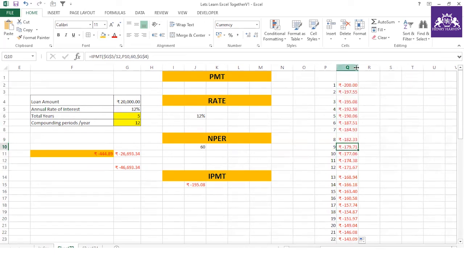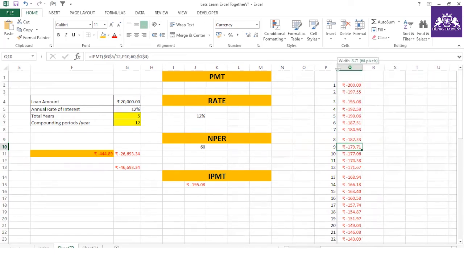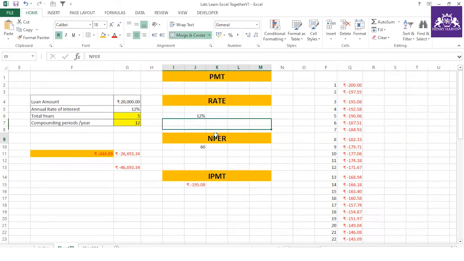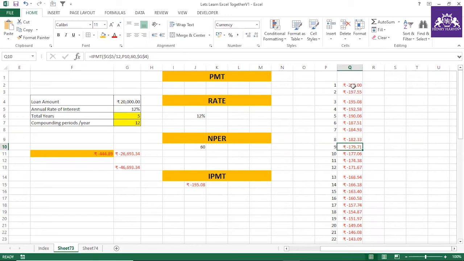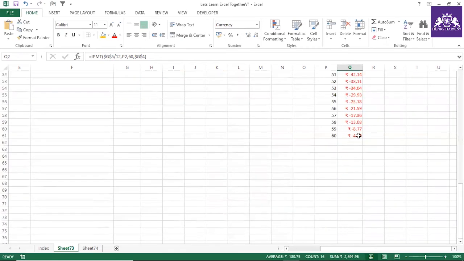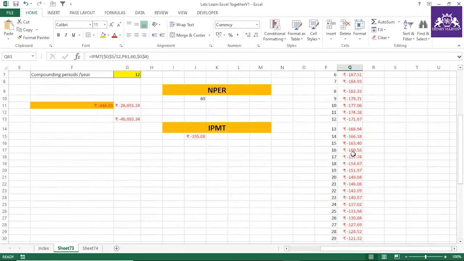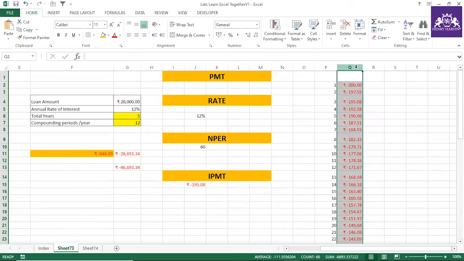You have to understand how we are calculating these formulas. This is the interest: first month I'm paying 200 rupees interest, second month I'm paying 197. So you know that interest is getting less, and at the end you see 4.40. So if you just do sum, the total interest is 6693.